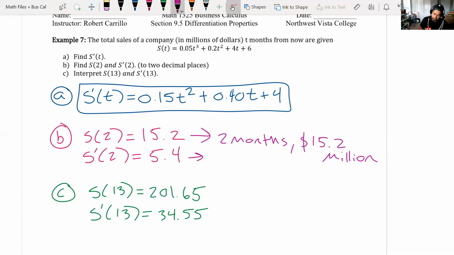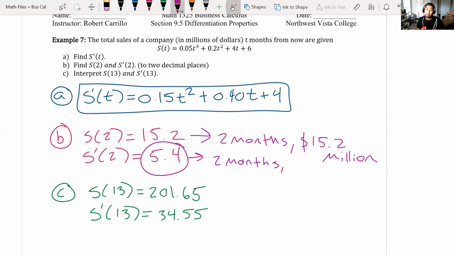What this means is that since it's a derivative, remember that derivative is finding the slope. It's finding the rate of change, either a rate of increase or a rate of decrease. So this says that at 2 months, what we have to look for here is whether the output is positive or negative. If it's positive, it's increasing.